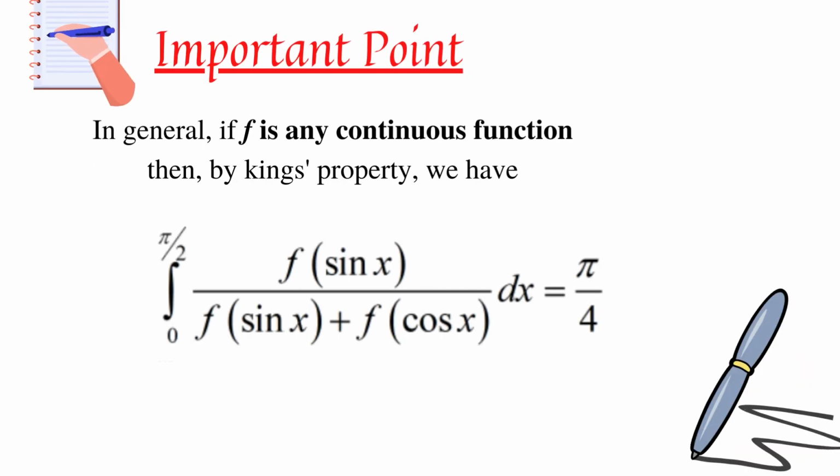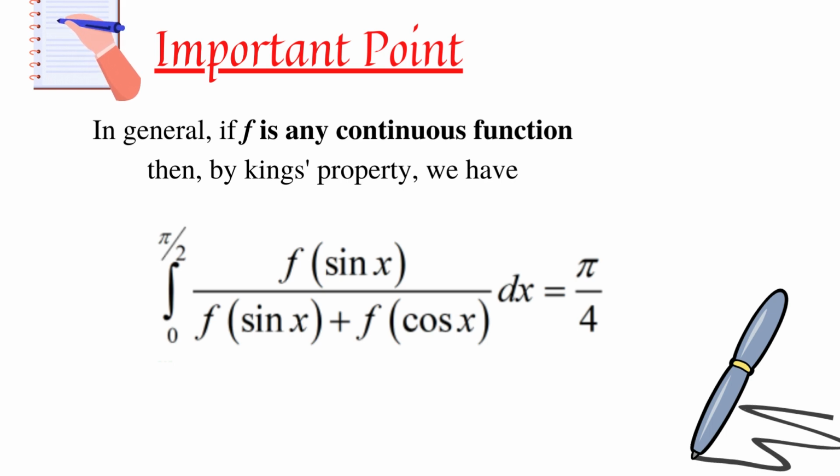Now, one important thing to keep in mind is that in general, if you have any continuous function f, I'm still repeating, any continuous function f, then we can solve this similar integral and obtain the result as pi by 4 always, no matter what the function f is.